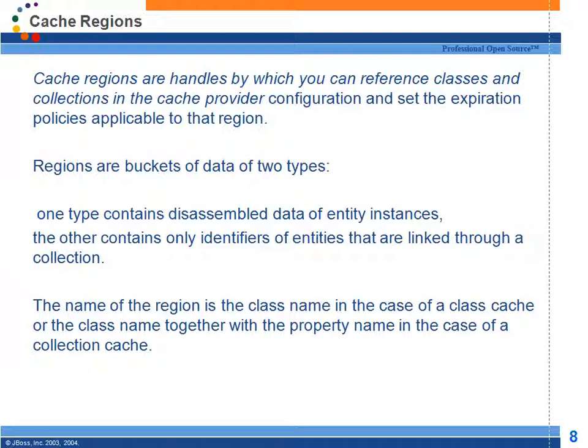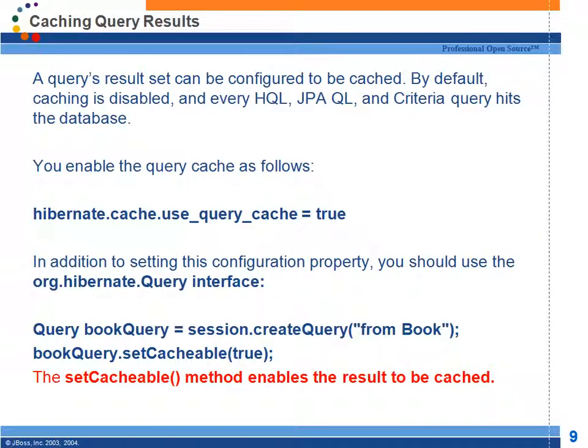There are different types of cache regions: for classes, separate class regions are maintained, for collections, separate cache regions are maintained, and for queries, a separate cache region is also maintained.